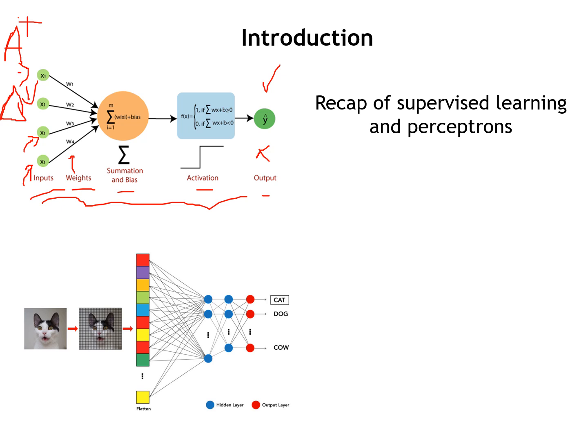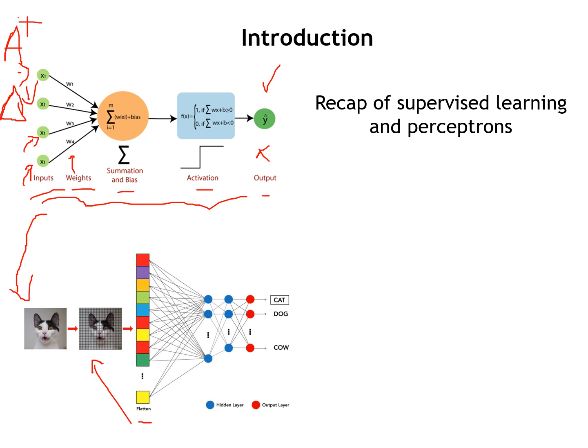Now I'm going to tell you what the big change is. When you take not one perceptron but many perceptrons, connecting all these perceptrons together, that is what we call a neural network. It allows you to do much more complicated things. From a very general perspective, here you have an input that is the image.